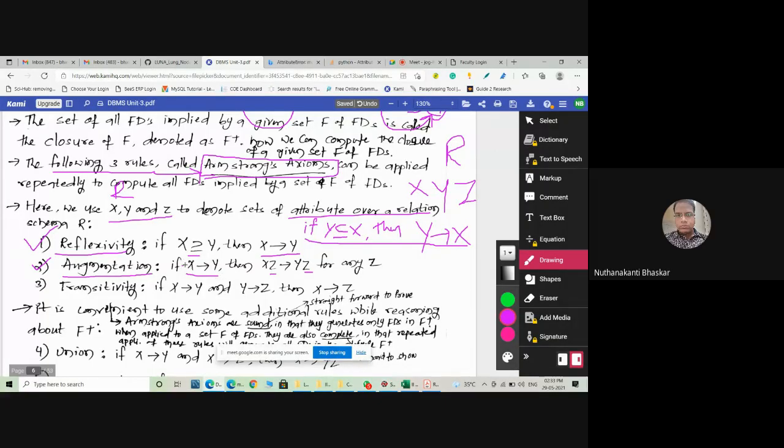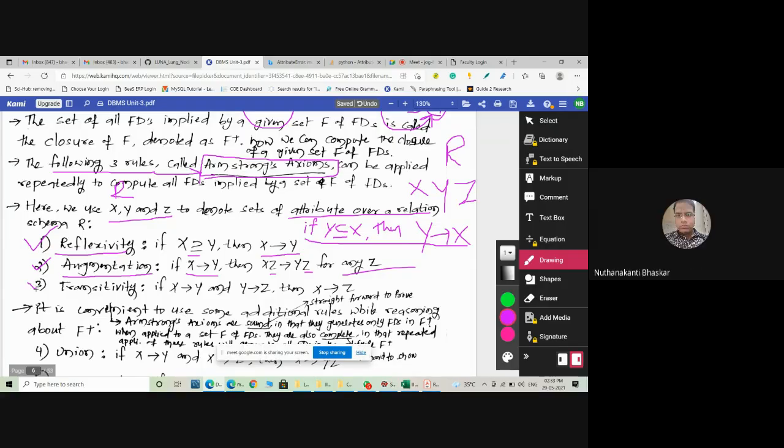If I apply Z here and Z here, is there any problem? No, sir. No problem. Both sides are multiplied with Z, so it is equal. So if X determines Y, then you can write XZ determines YZ for any Z. This is called augmentation. Are you clear? Yes, sir.